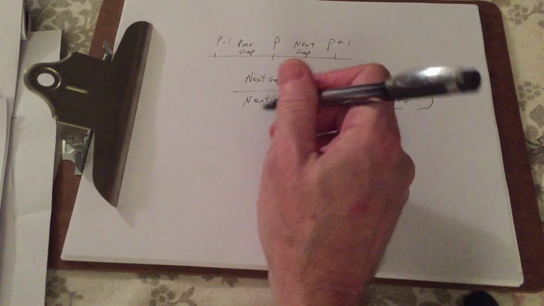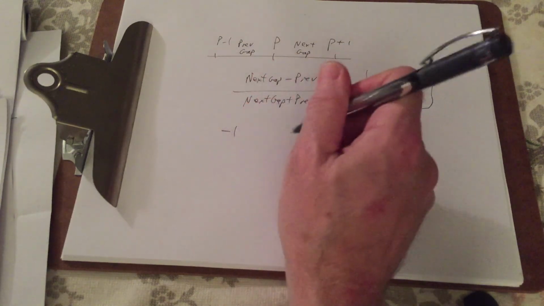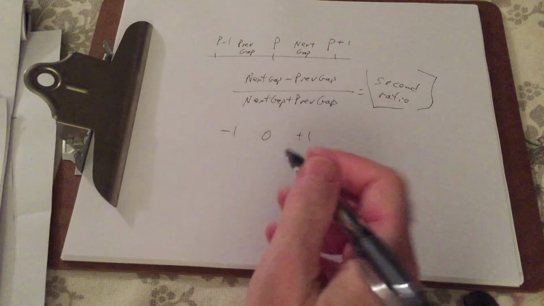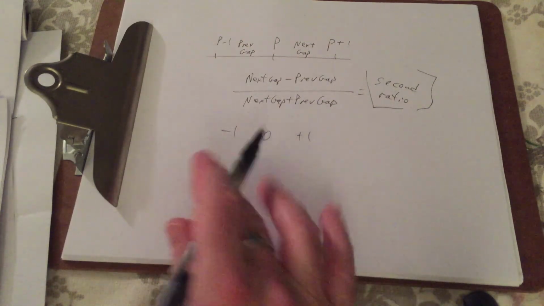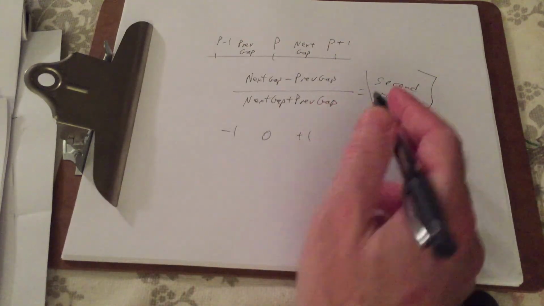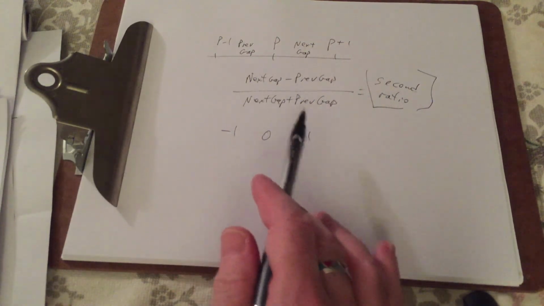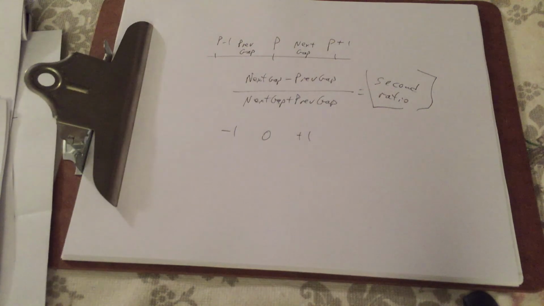When we do this, we get a number that's always between -1 and +1. And it might also be 0. This is a ratio. When we take a reduced fraction, it's very easy to compare prime numbers anywhere across the spectrum.